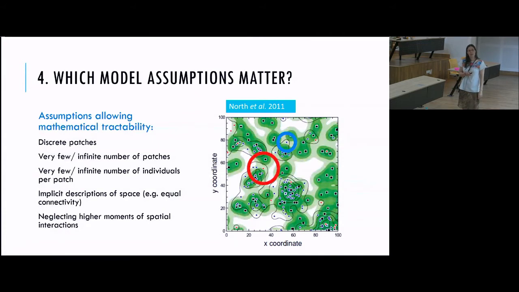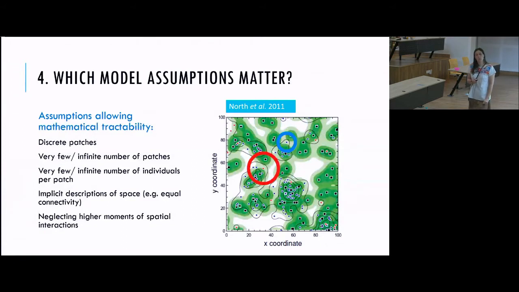Often space is described only implicitly, which I will explain later, meaning that all patches were connected to each other equally, which again is not what happens in reality. And if they went into a more sophisticated description of space and connectivity, often at some point they needed to neglect higher moments of spatial interactions to make progress in terms of analysis.